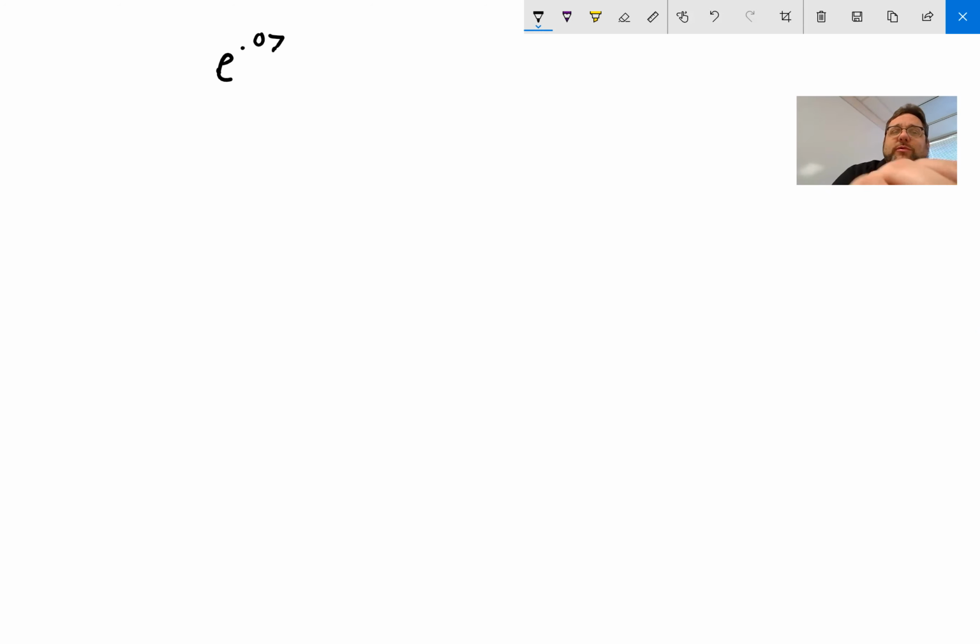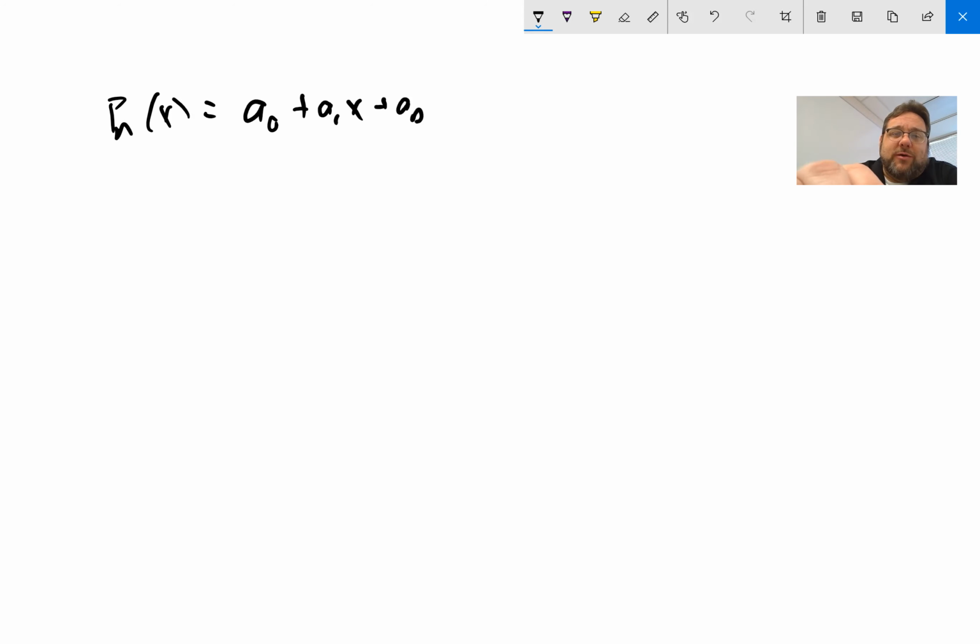And so what we would really like to do is to approximate these with a function that is easy to calculate. In general, an nth degree polynomial is great because you just have constants and variables to powers.